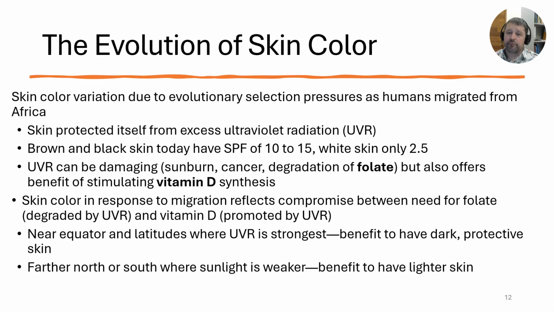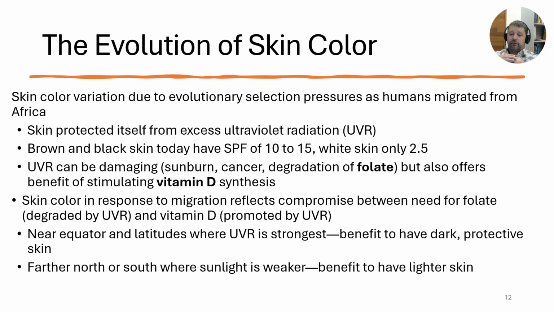If you live far from the equator, the amount of ultraviolet radiation decreases. Okay? So you don't need as much protection. You don't want to reflect that much ultraviolet radiation. You want to absorb it. And if you absorb it, then you can produce vitamin D, that needed substance for bone health and to stabilize your bone.